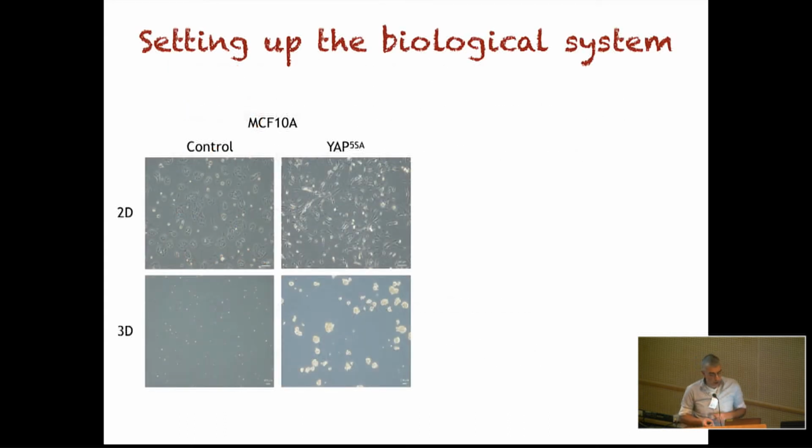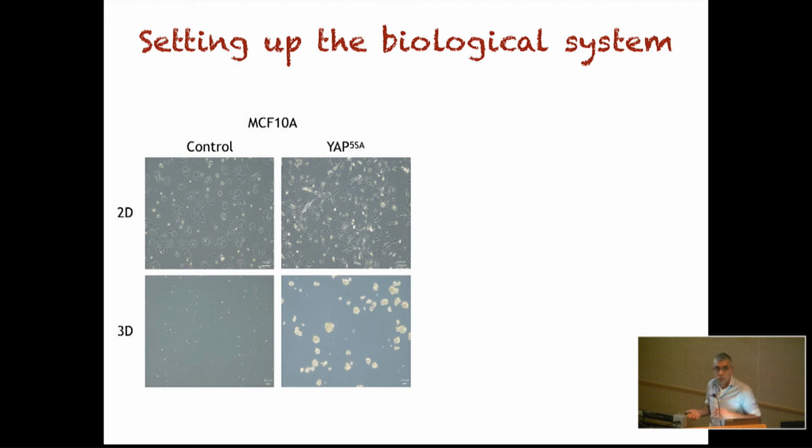So setting up the biological system for YAP. We took MCF10A cells. So MCF10A cells are immortalized breast cells. They have a diploid genome, so we don't have amplifications and deletions, which is a better requirement for CRISPR screens, really.